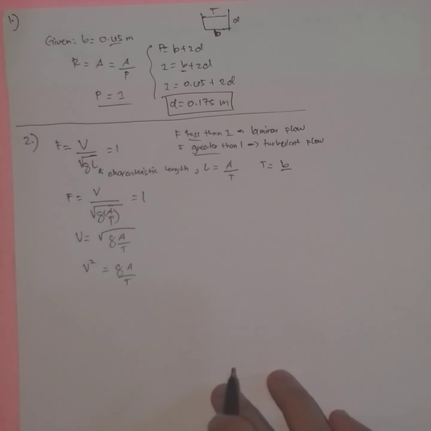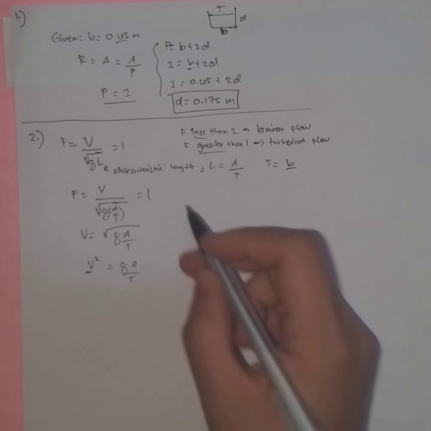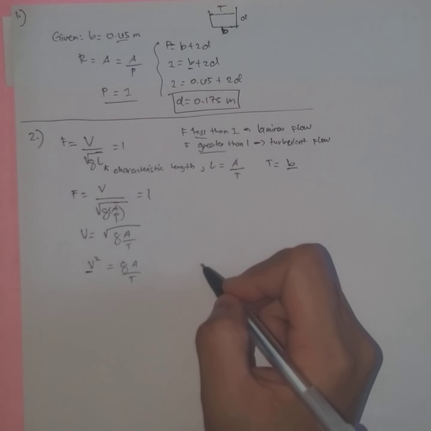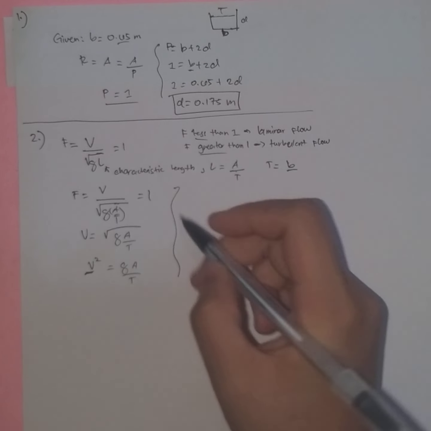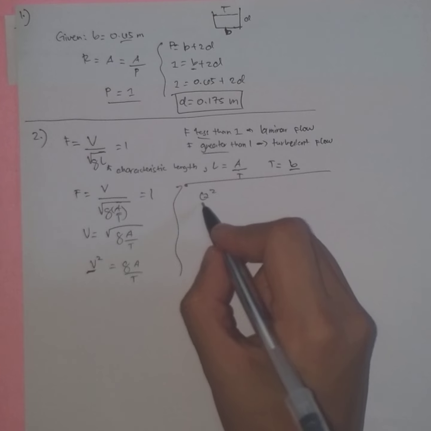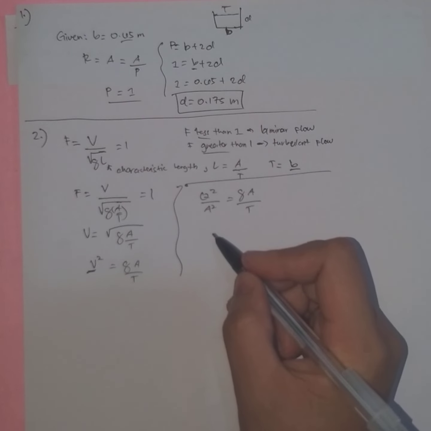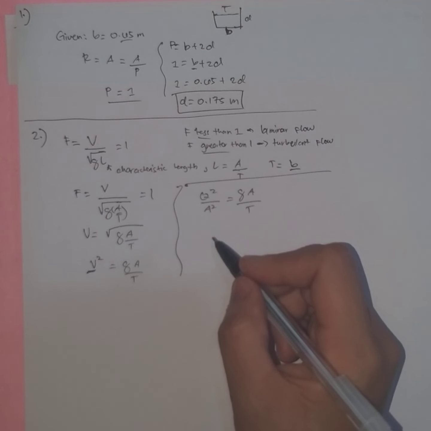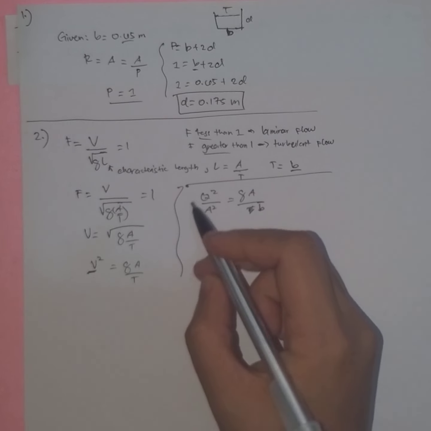Okay, so V is just from the discharge equation, that is just Q over A, right? So that is Q squared over A squared equals g A over T. Or let's just write this as B because they are just the same.